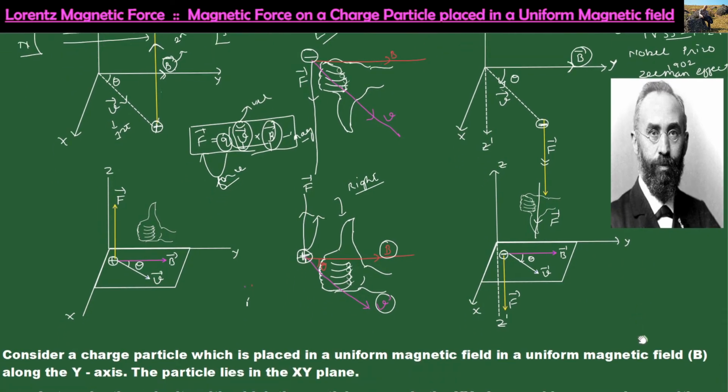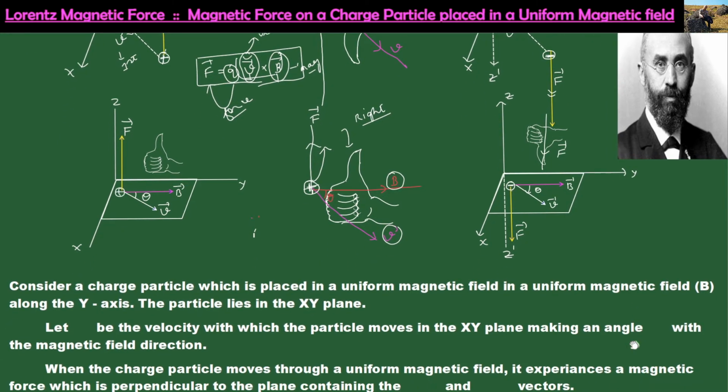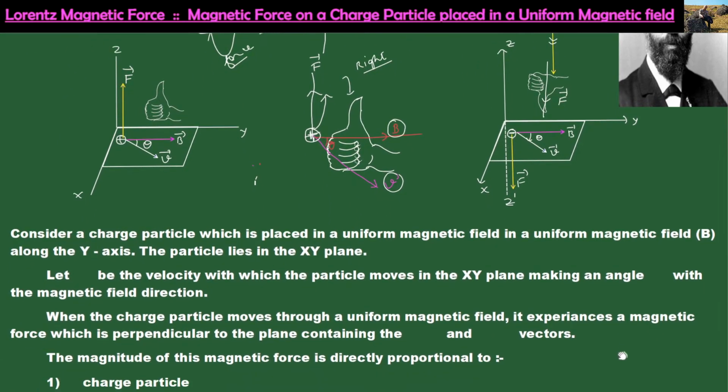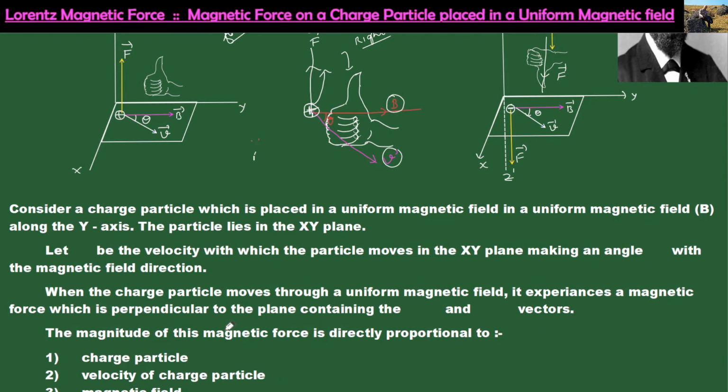Lorentz investigated is that he found out there is an empirical formula which he established from here. You consider this charged particle which is placed in a uniform magnetic field B bar along the y-axis, and over here let V be the velocity of the charged particle which is moving along the xy plane.